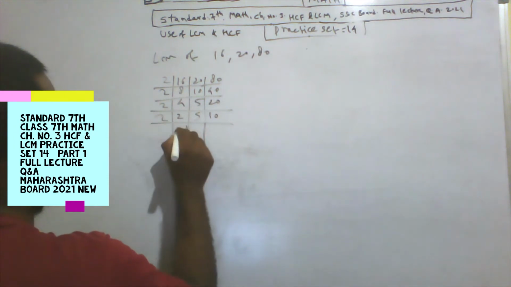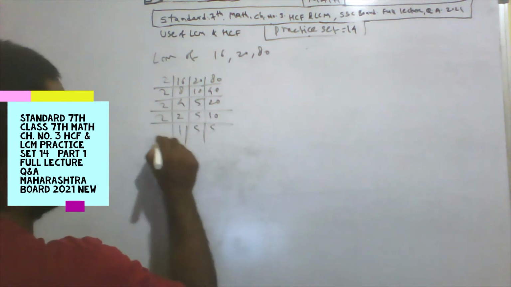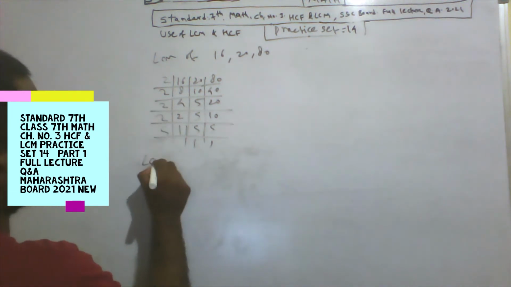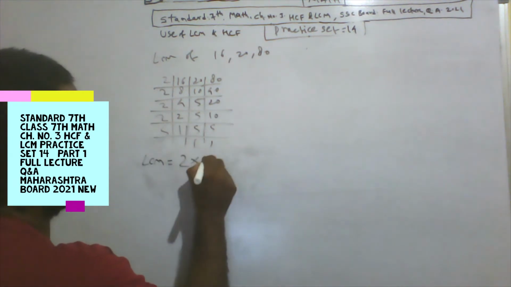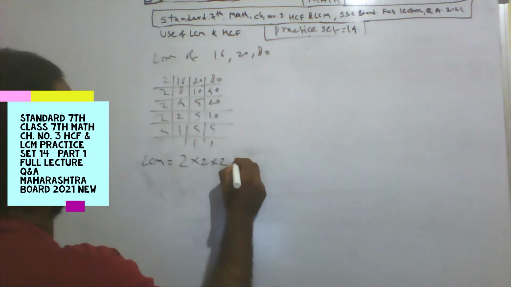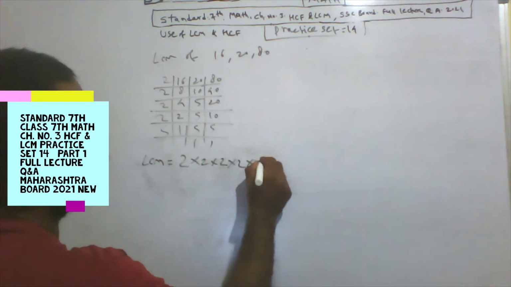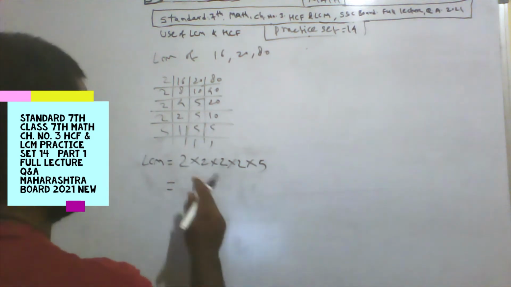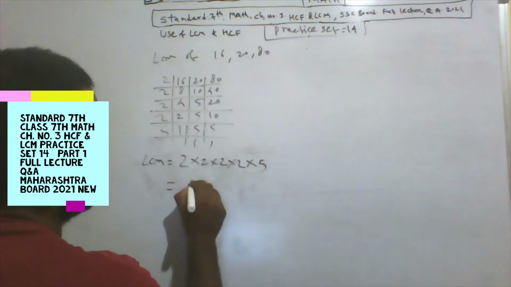Then 2 2s, 5 remains 5, 2 5s. Then 5 ones are 5. There are 4 twos, so the LCM is 2 into 2 into 2 into 2 into 5, so the answer is 80.